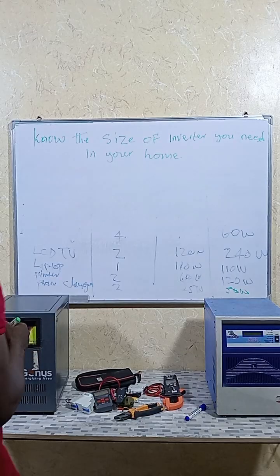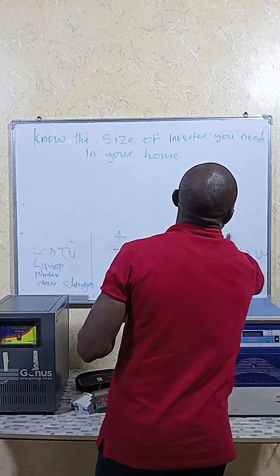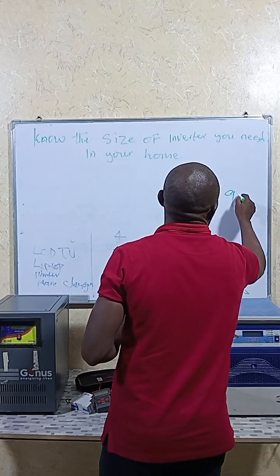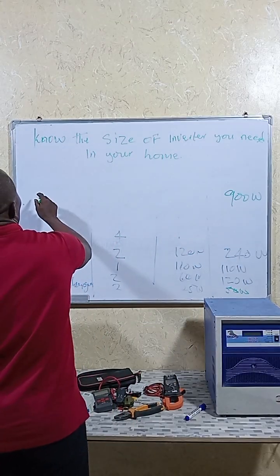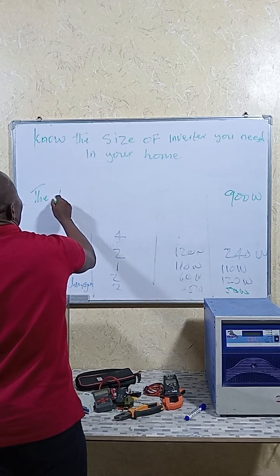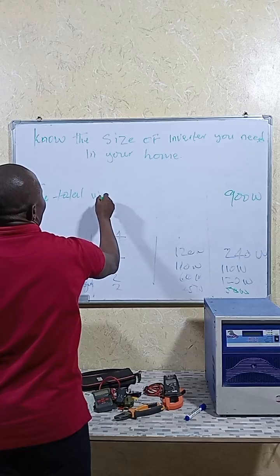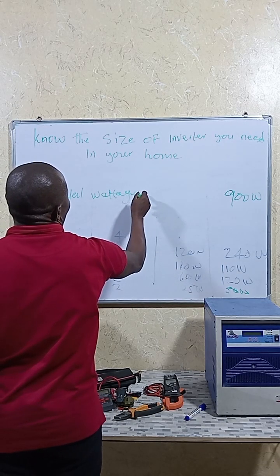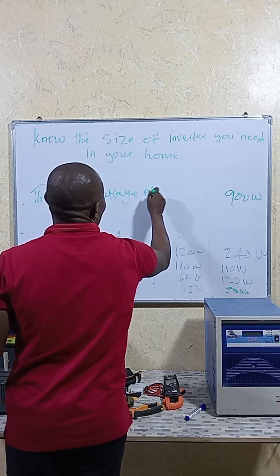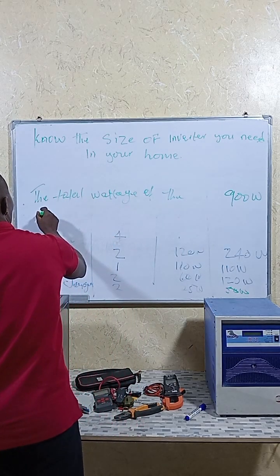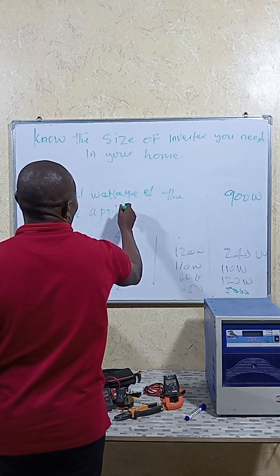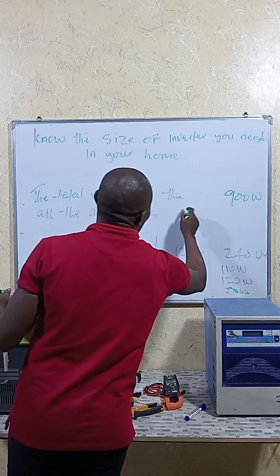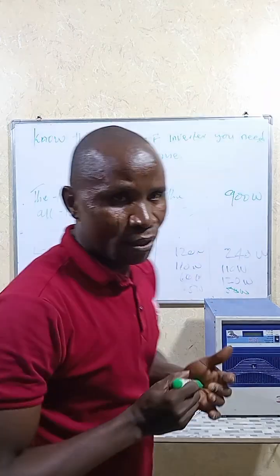Right. So after you have seen that, as we calculate and add everything together here, we have the total wattage of the appliances, which is now equal to 900 watts.